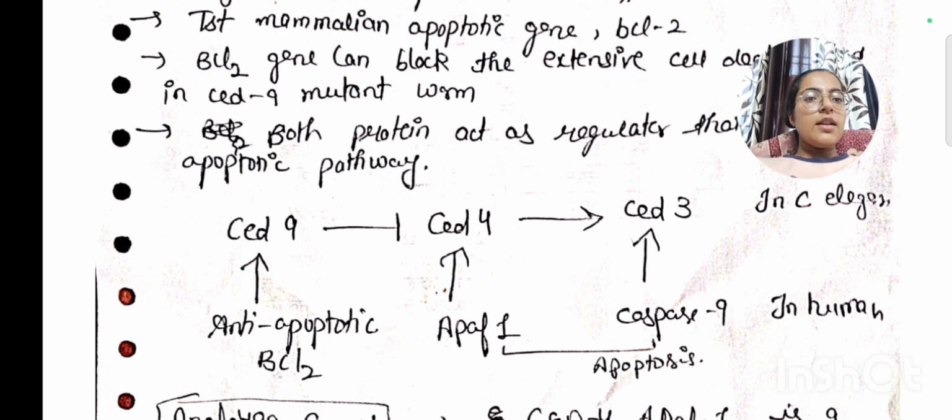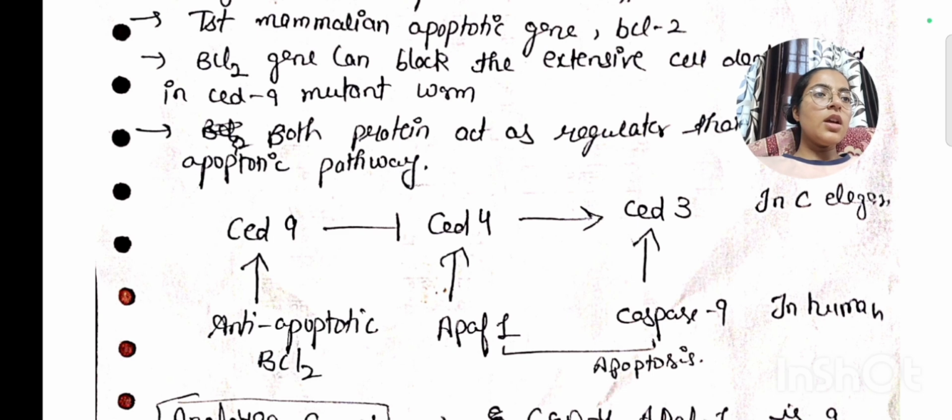This diagram also shows that CED9 inhibits the CED4 function so it will not go to apoptosis or cell death. It means if CED9 is inactivated, it leads to apoptosis of the cell. If it is activated, it leads to inactivation of CED4 and there is no cell death.